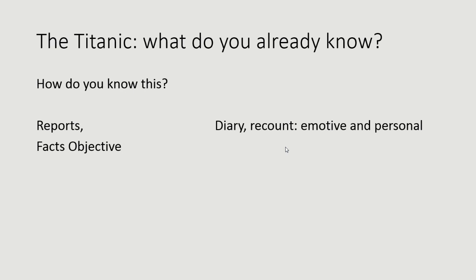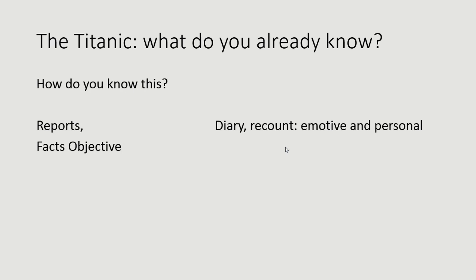So these information nuggets and facts and opinions that you have on the Titanic, how have you got this information? Is it through reports that you've read? Is it through facts that you have seen? Objective report writing? Is it purely through what you studied and your teachers have told you? Was it through history lessons?